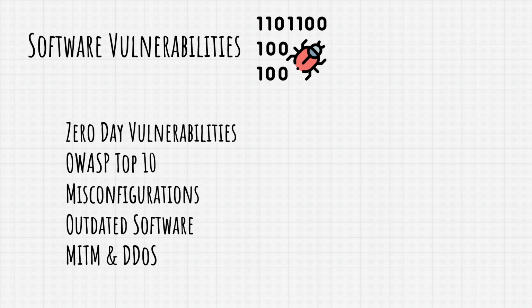We also have broken access control attacks and many more. Usually, these vulnerabilities occur when user input is not well filtered, or they can also occur due to some type of misconfiguration in the application.